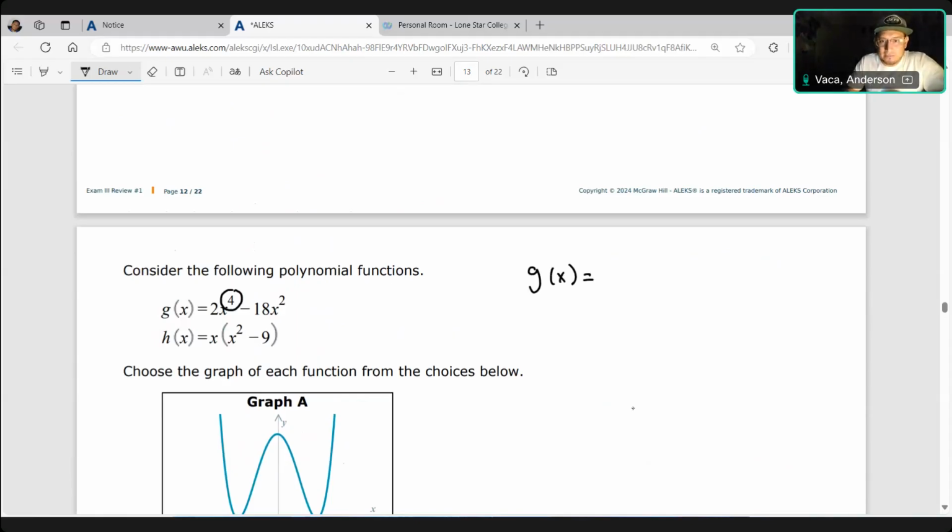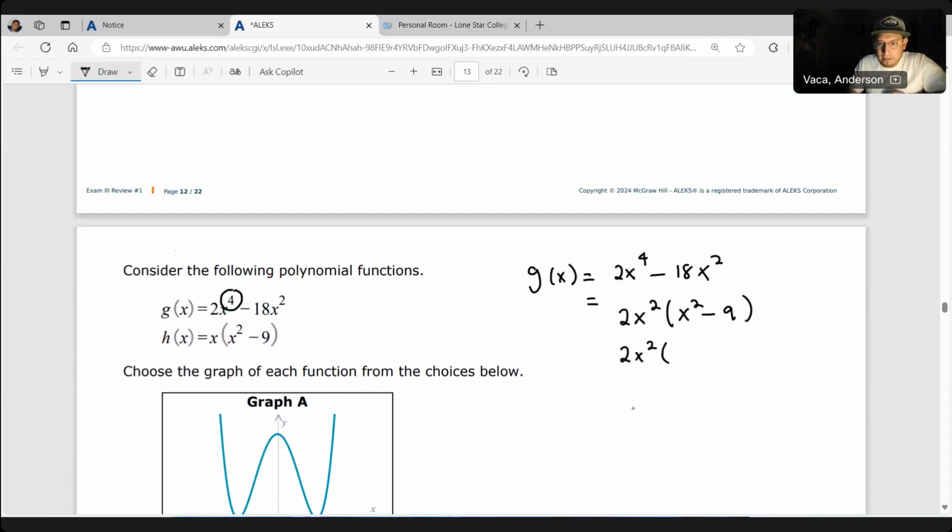For g of x, we have 2x to the 4th power minus 18x squared. We can factor out 2x squared, and we'll get x squared minus 9, which gives 2x squared times x plus 3 times x minus 3.